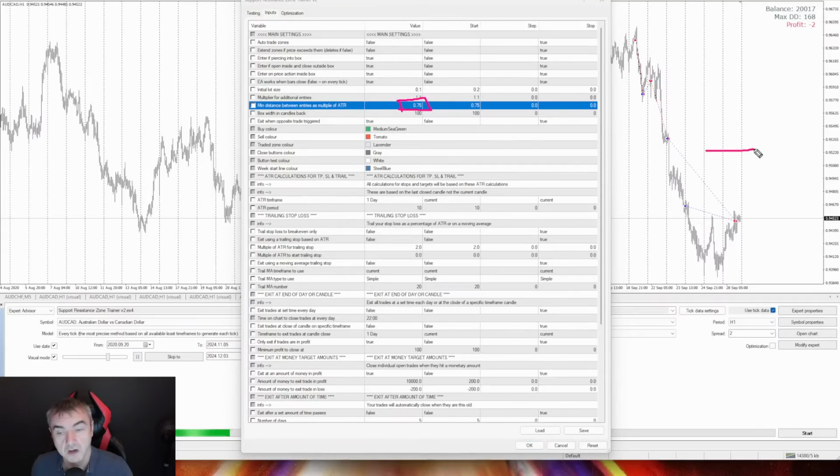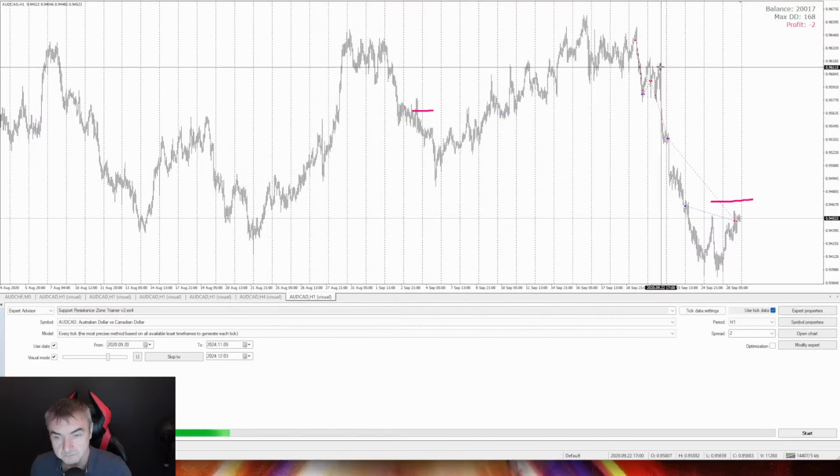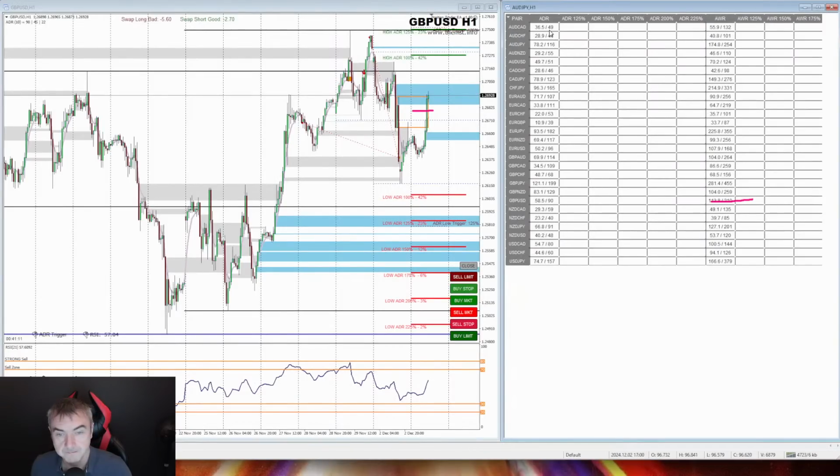I don't want to put my trades too close together. It's up to you how far apart you space them, but my recommendation would be 3/4 of an ADR, because anything lower than that, you could get caught in a parabolic move like this, for example, which over a period of 3 days has moved 227 pips on the Aussie CAD.